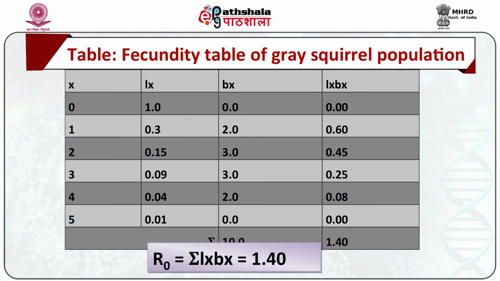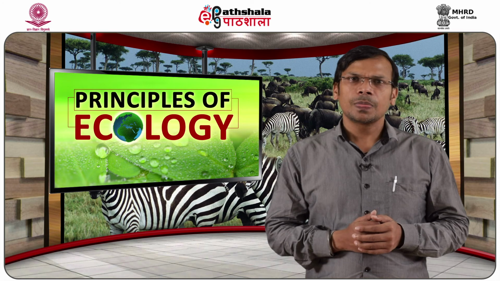The difference between gross reproductive rate and net reproductive rate, that is 10 and 1.4 respectively, reflects that only a small proportion of female grey squirrels will survive to the maximum age and produce 10 female offspring.